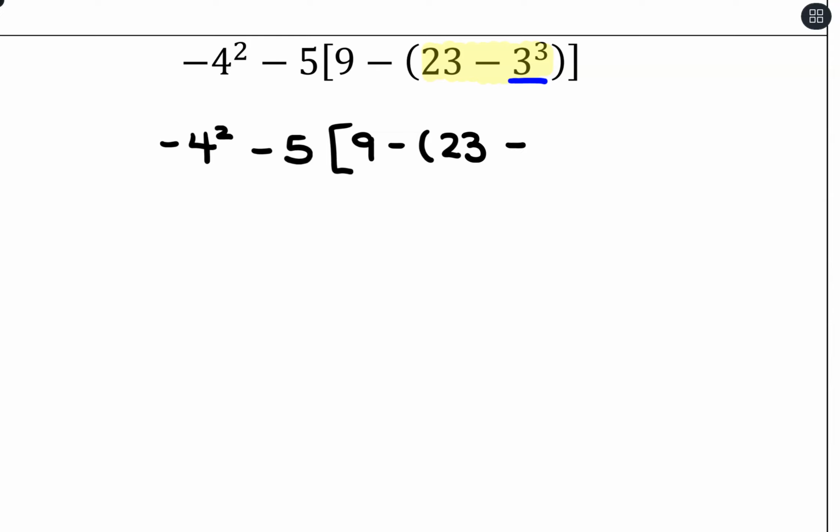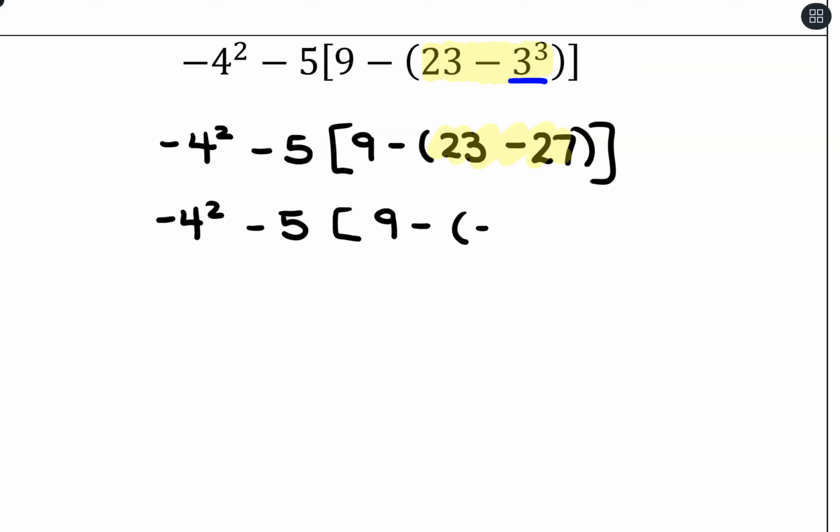I'm just going the long route here, so that's a 27. I'm going to keep simplifying the parentheses there. So negative 4 squared minus 5, 9 minus a negative 4, which is the same thing as 9 plus 4. So that'll be a 13.